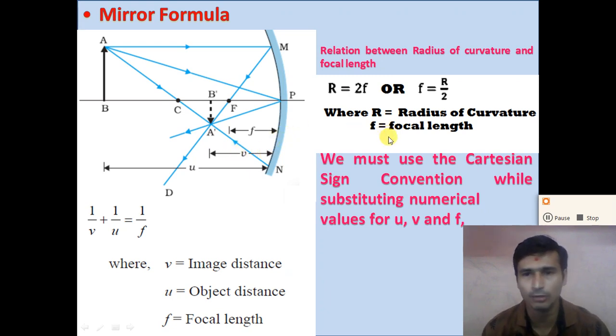And for a concave mirror, the focal length is always negative. For a convex mirror, the focal length is always positive, right? So keep in mind, while calculating examples, when we put the numerical values of u, v and f, we must use the Cartesian sign convention. For the Cartesian sign convention, see the previous video.